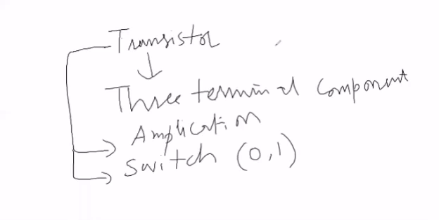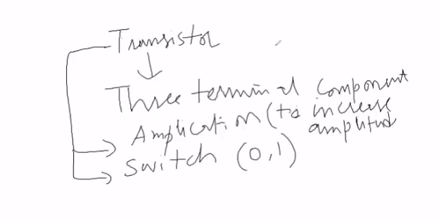Amplification means to increase the amplitude of any signal, or to increase the strength of a signal. For example, if you have a mic and you talk on the mic, your voice is very weak, its signal is very weak.